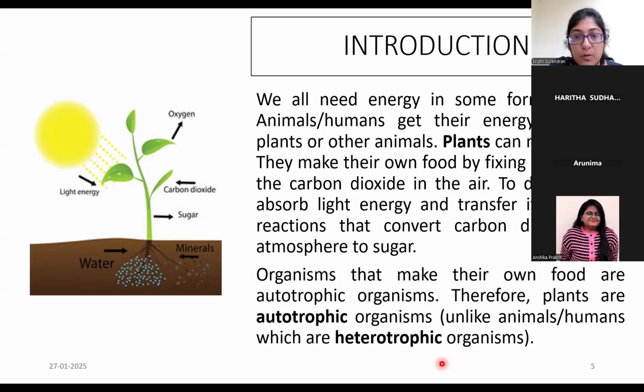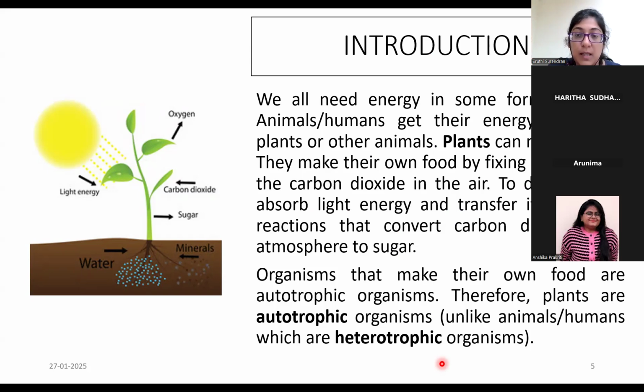So all of us know about plants, how important plant is, how complex plant is. Plants are organisms that, unlike humans or animals, cannot go to different places to get food for their growth.